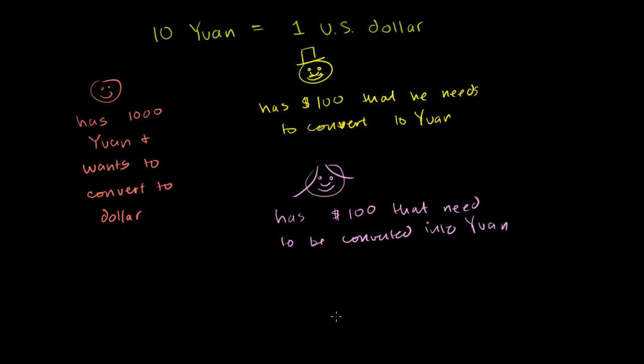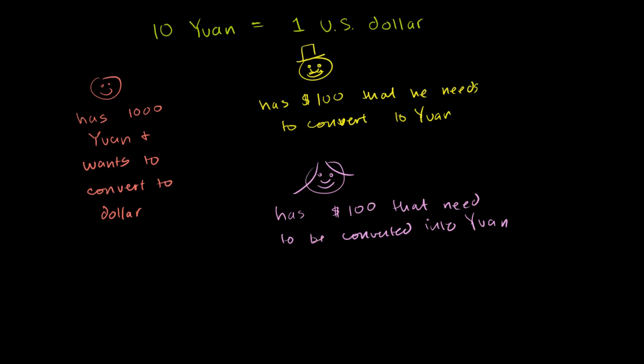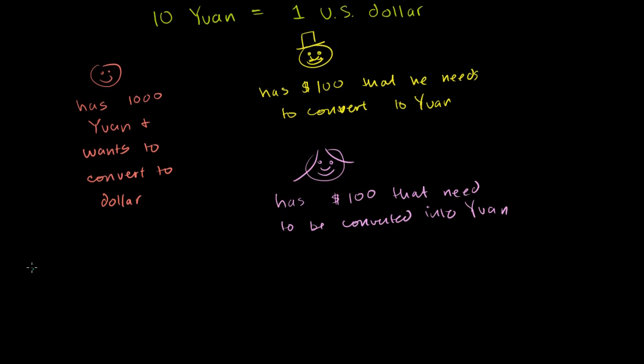What's the total demand to convert yuan into dollars and dollars into yuan? Well, if you look at the whole market, you have $200 that need to be converted into yuan. So let me write this down. We have a situation where $200 need to be converted into yuan. And on the other side of that transaction, we have 1,000 yuan.